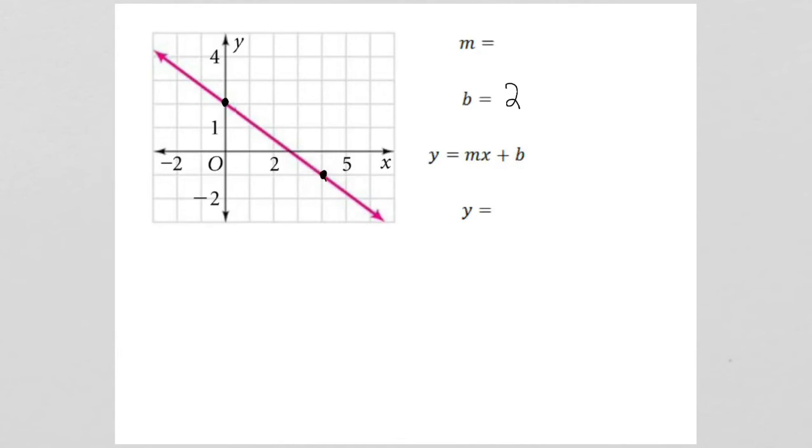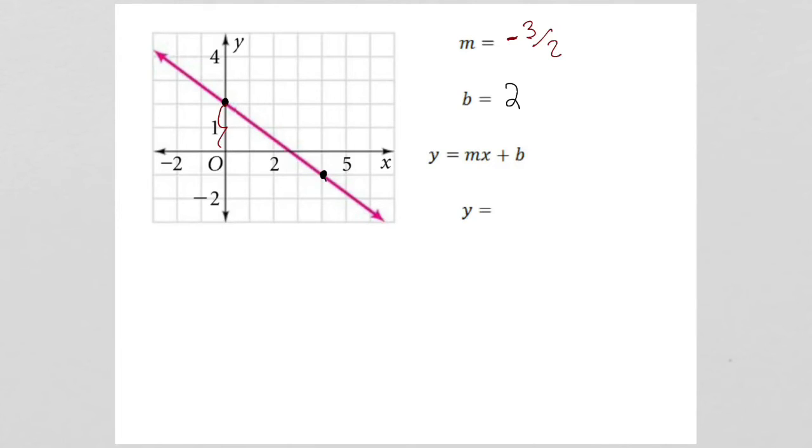Now that we have 2 points, we're going to get the rise over run. In this scenario, we're actually falling. We're falling 1, 2, 3 units down, and then moving to the right 1, 2, 3, 4 units. So the slope, or your m, is -3/2.